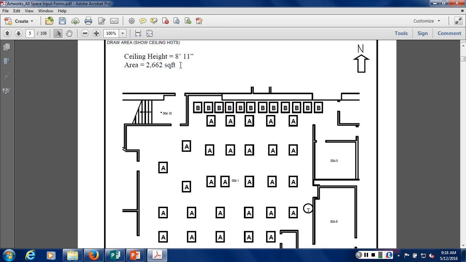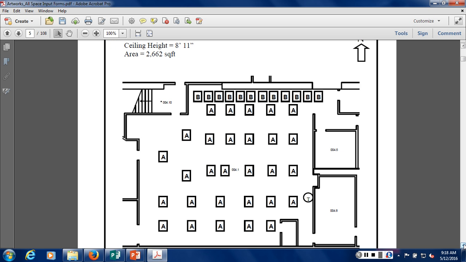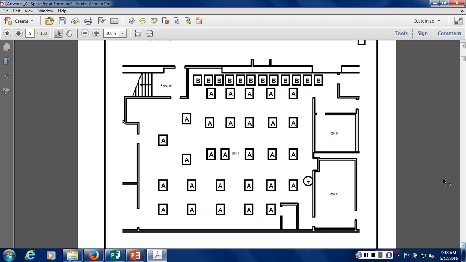Somebody already calculated an area from a set of blueprints, which is also very handy. There's an orientation on here, so we know what north is. This happens to be a basement level, so we know there's no exterior walls. This is not a walkout type building. The A's and the B's on here are showing two different lighting types, which are described on the next page. And it's also showing the position of a thermostat.